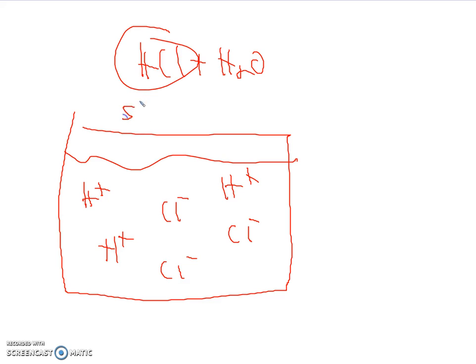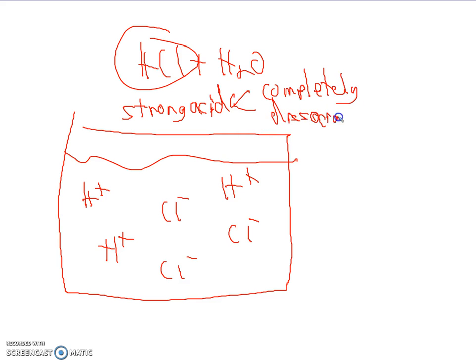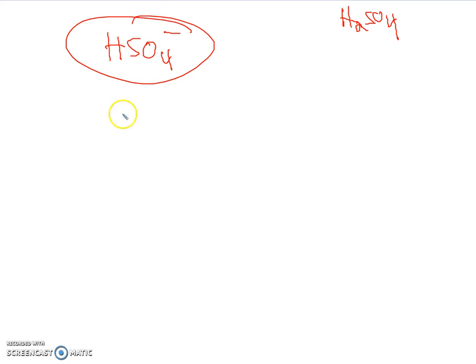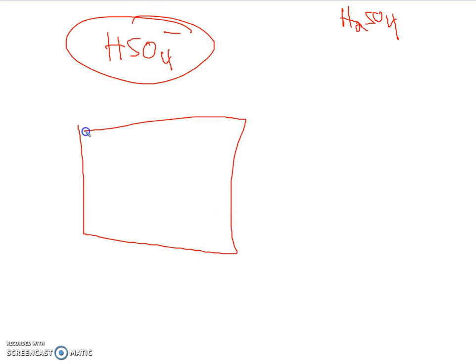Like I alluded to, this is a strong acid, which all that means is that it is completely dissociated. It's completely broken apart. Whereas, let's take a weak acid. This is what happens when you take the strong acid H2SO4 and give away one of its hydrogens. You get this guy, which is still acidic, but very weakly so.